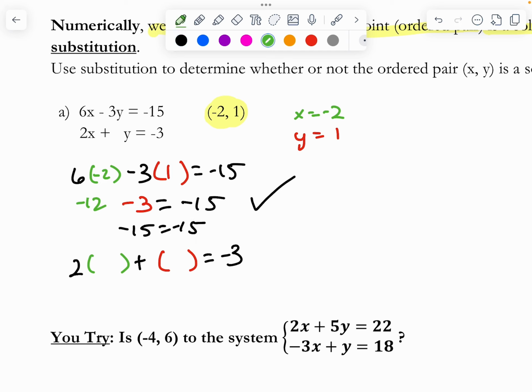Now let's check to see if the second one is true. I'm going to plug in -2, and I'm going to plug in 1. Well, let's see. Is -4 plus 1 equal to -3? Yes, it is. That's also true. I know that when I have -4, I add 1, I get -3, so it's true for both. So yes, this is a solution.